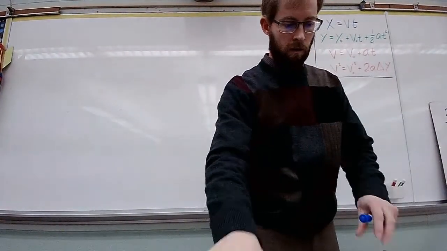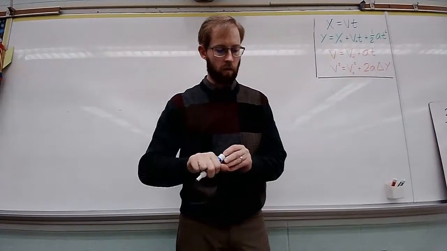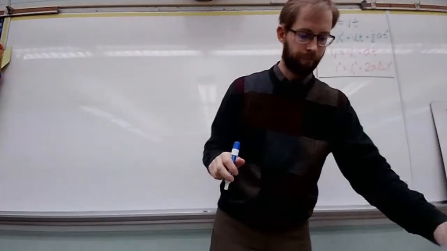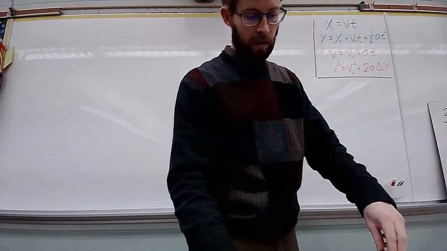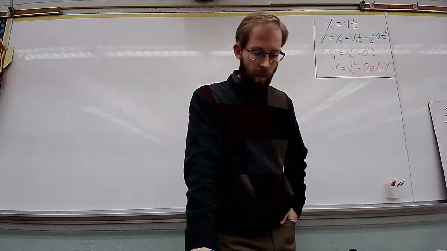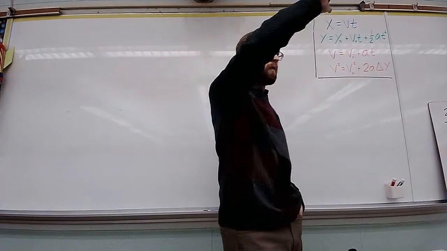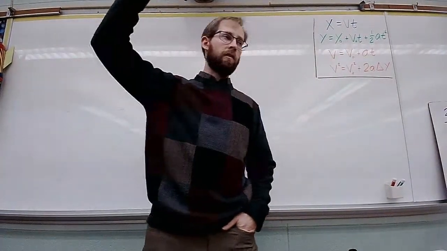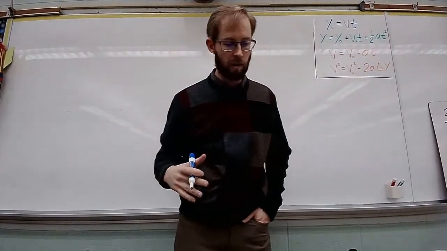Okay, so we'll do number 8. And we'll go through this one a little bit faster. So it's the same example. We're going at 3 meters per second again, but now instead of launching up at a 20-degree angle, we are launching down at a 15-degree angle.